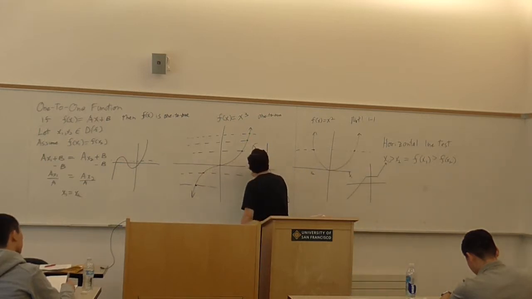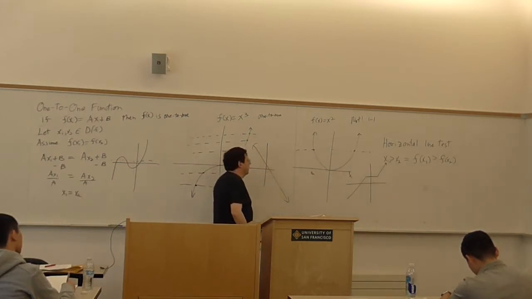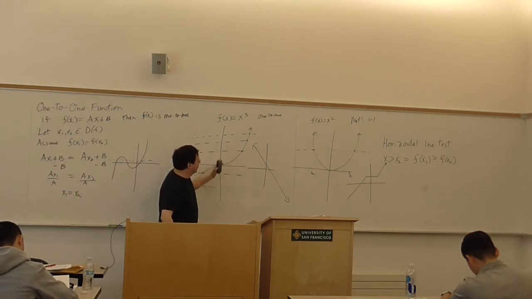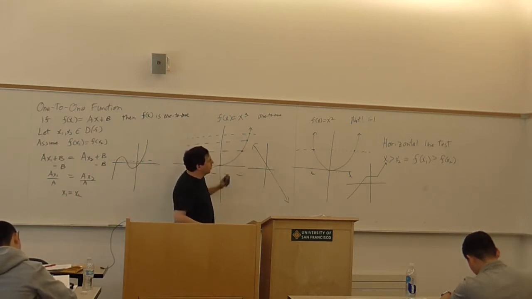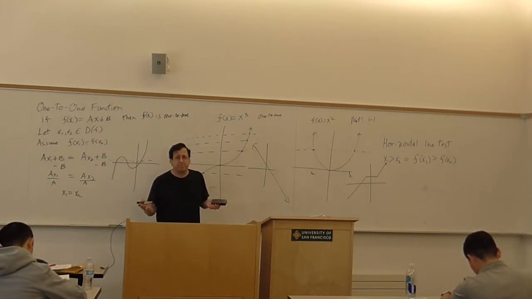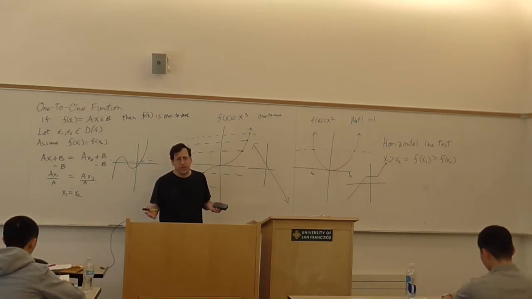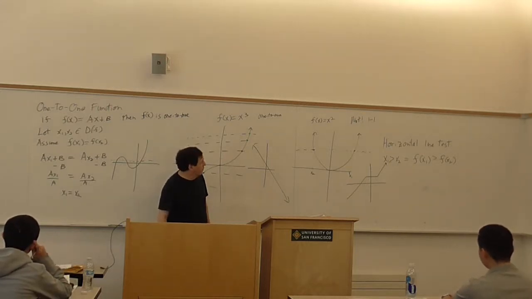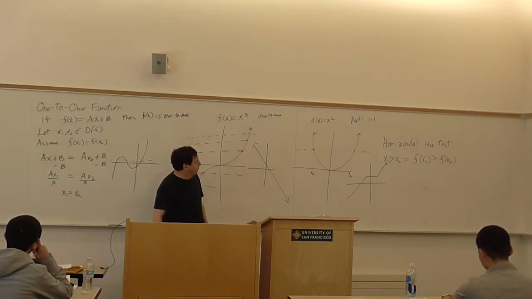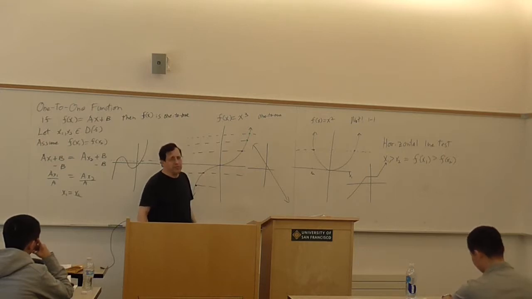All these functions have something else in common. They're all what we call continuous functions. They're not broken up. If you had a piecewise function, it could still be one-to-one, but it might not be decreasing everywhere. So, my statements about increasing and decreasing have to do with a continuous function.